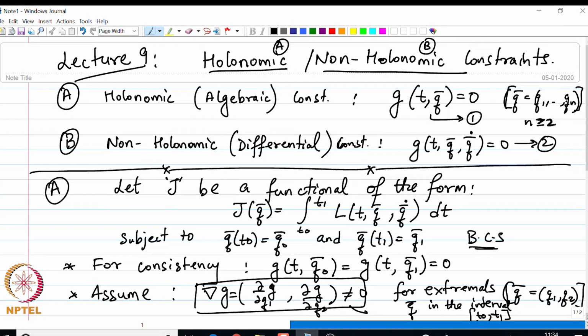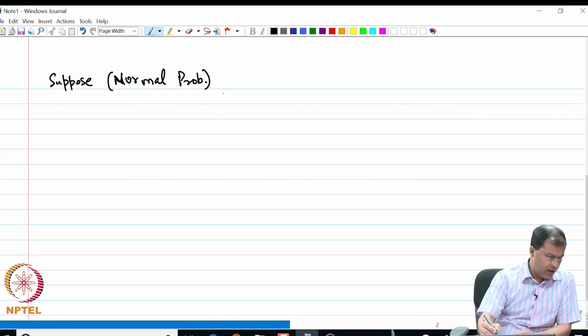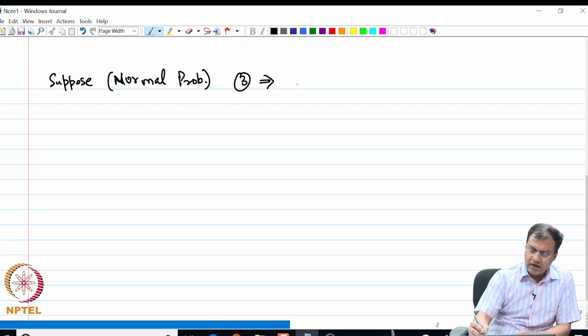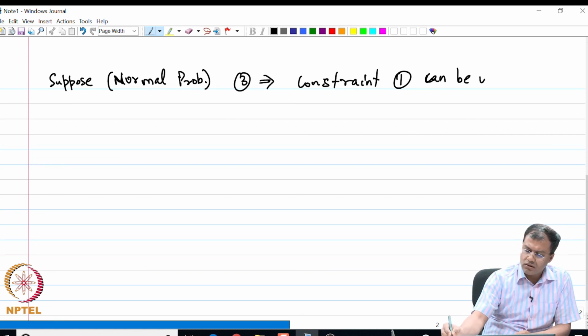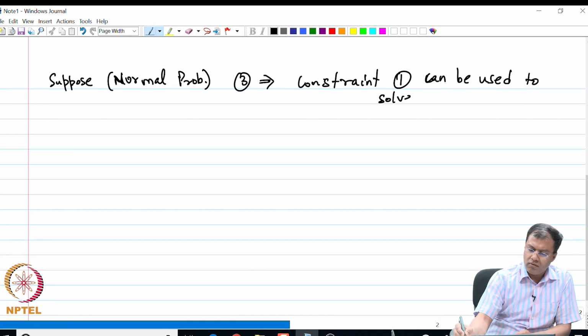Let me call this condition 3. For normal problems, 3 implies that the holonomic constraint 1 can be used to solve for one q.